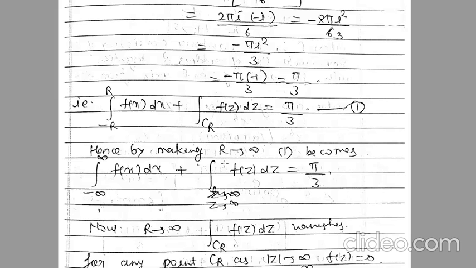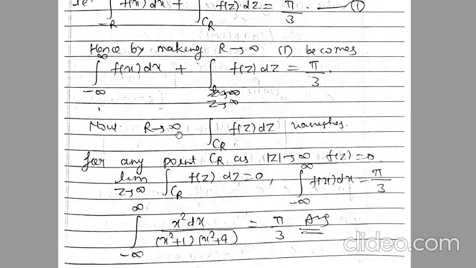Now by making R tends to infinity, the integral from minus infinity to infinity of f(x) dx plus the limit of the integral of f(z) dz is equal to pi by 3. Now R tends to infinity means you are taking the limit radius as infinity. If you are taking radius infinity, then this integral of f(z) will vanish.